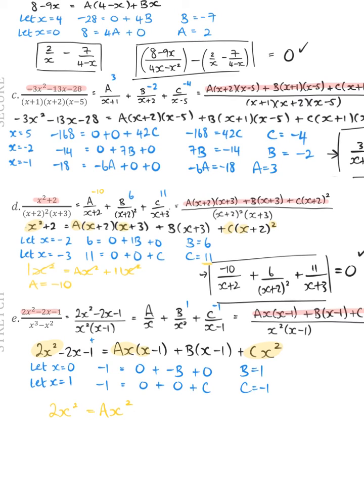And c is minus 1. So 3x squared equals ax squared, so a equals 3. So my answer is 3 over x plus 1 over x squared minus 1 over x minus 1.